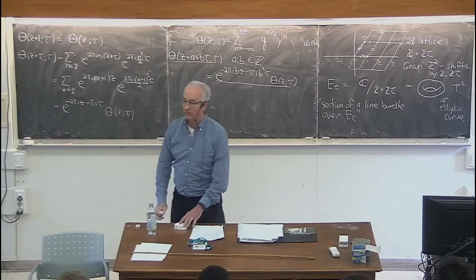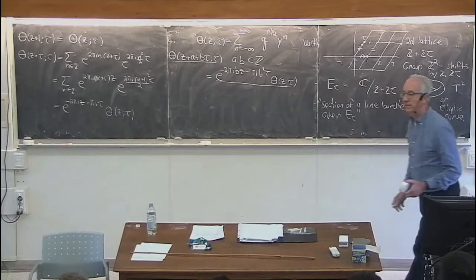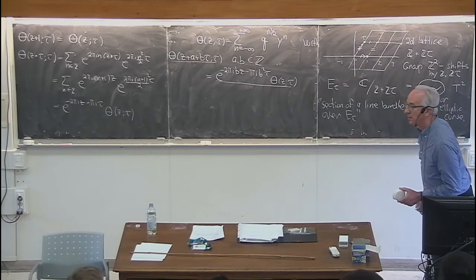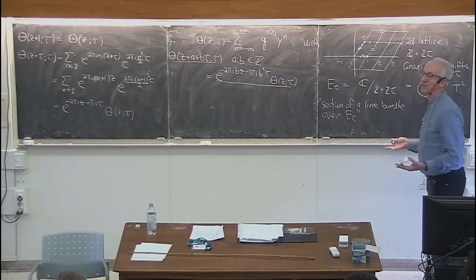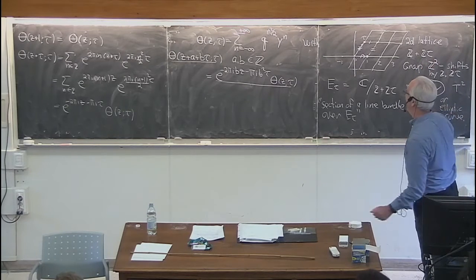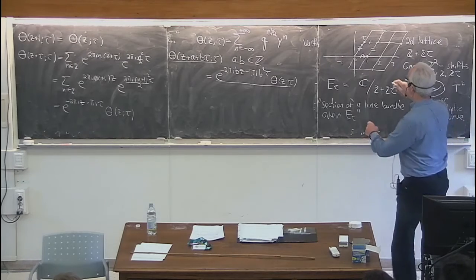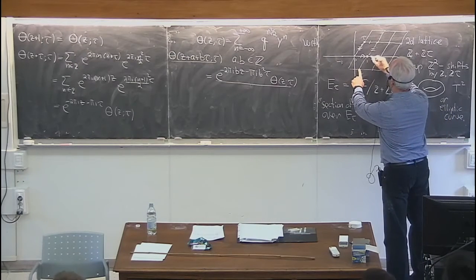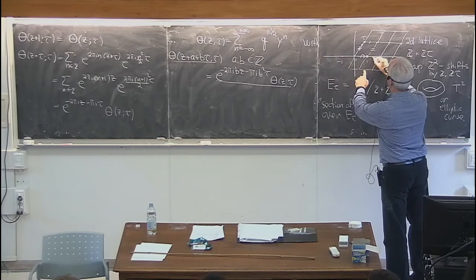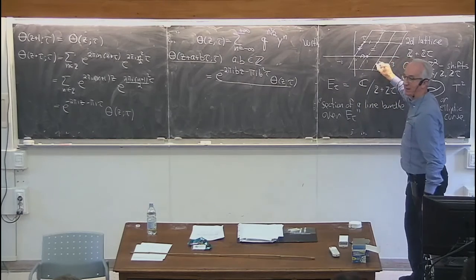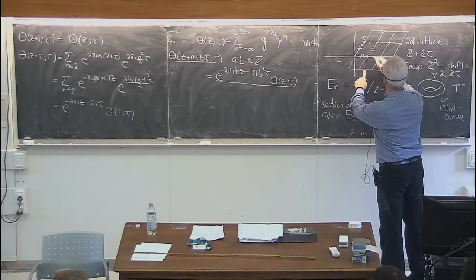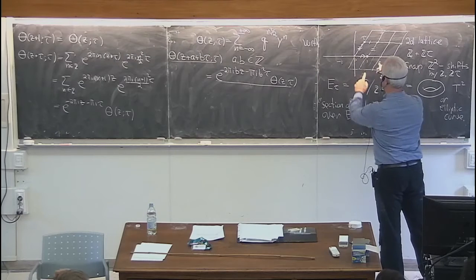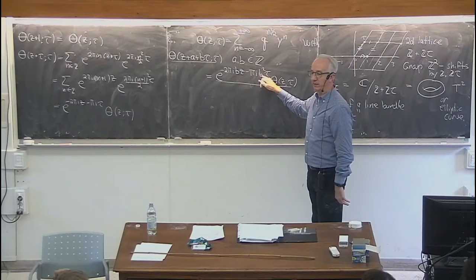Well, I haven't really defined what a section of a line bundle is. If I wanted a function that was really defined on this quotient, then I would want a function that was completely periodic. But it's not periodic. When you go around in this direction, you come back to the same function up to a phase.